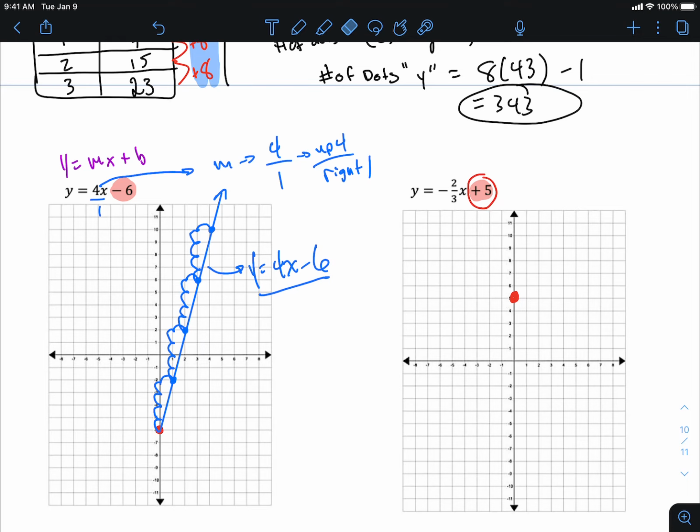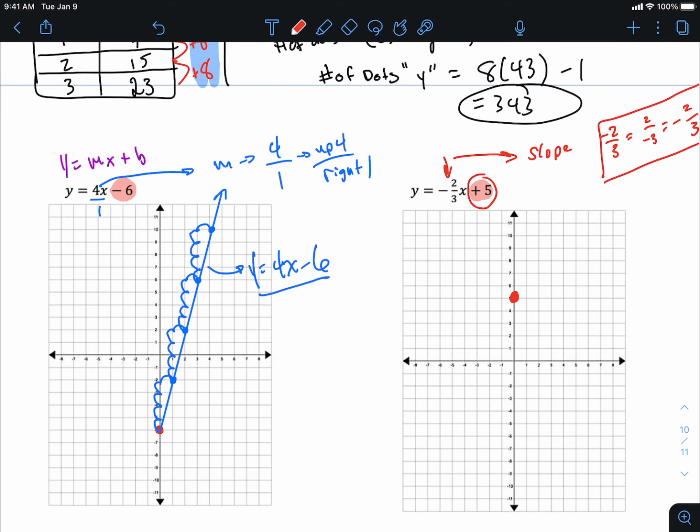Now, where I could see people making a mistake, and I think the harder of the two parts, is the slope. The issue with this one is the negative isn't really on a number. But just as a reminder, negative 2/3 is equal to 2/-3, which is equal to -2/3. These are all equal statements.